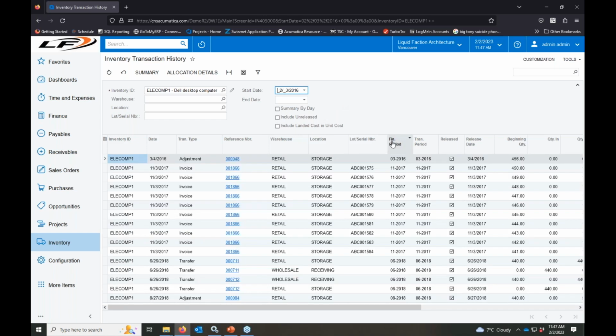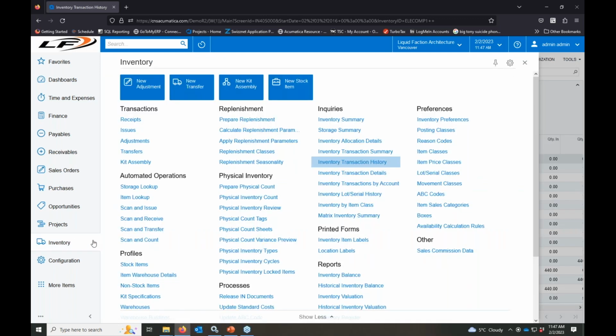There we go. So heading back to 2016, we've got adjustments, invoices, transfers. We've got those dates, serial numbers used. And again, with all the inquiries, hitting that X button, you can export this information to Excel if you want. You could also do a serial lot history if you had a specific serial number and a lot number. Pull up the history on that.